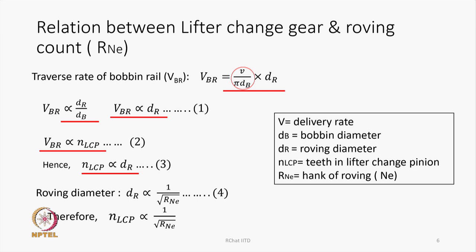and roving diameter in turn is inversely proportional to roving count. RNE is the count of roving in any system, that is English system. So, dr is proportional to 1 upon root RNE, which is equation number 4, and therefore, what we can write, NLCP should be inversely proportional to root RNE, that is the roving count.